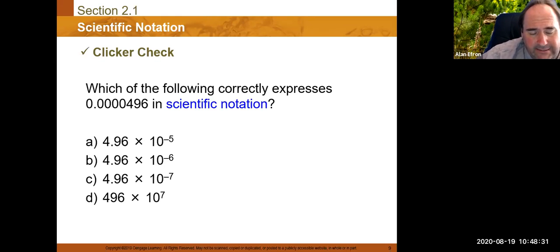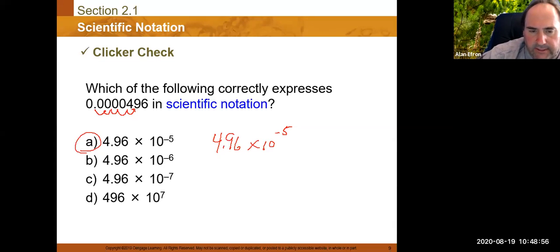So to get us to a number between 1 and 10, we have to go to the right. 1, 2, 3, 4, and 5 places, looks like. And in that particular case, that will give us 4.96 times 10 to the minus 5. Again here, minus because it started as a small number. We moved it to the right. So it looks like A would be the winner there as well.